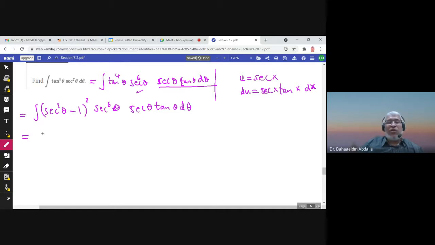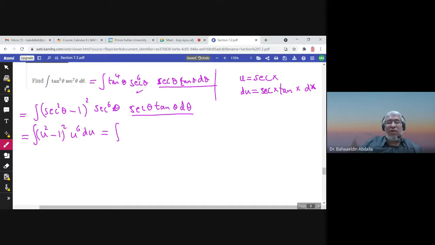So secant would be u, but I have u square because secant square, and I have power 6, and secant tan d theta is just du. So I can solve the integral easily.